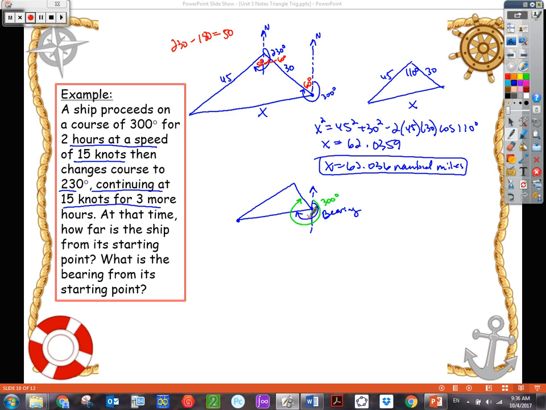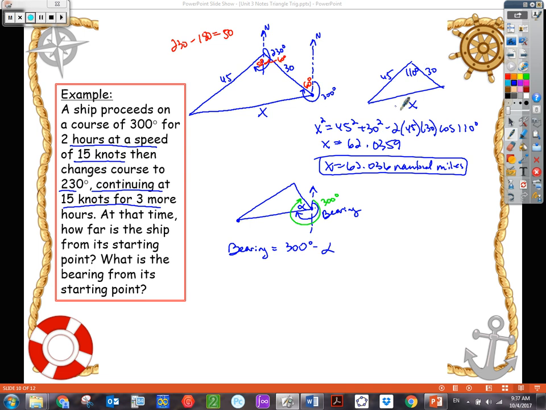Right? I'm going to call this alpha. You can give it whatever name you want. So the bearing would be equal to 300 minus alpha. We agree? 300 degrees minus alpha would give me my bearing. So now my job is to go back to the triangle and figure out if I can find alpha.